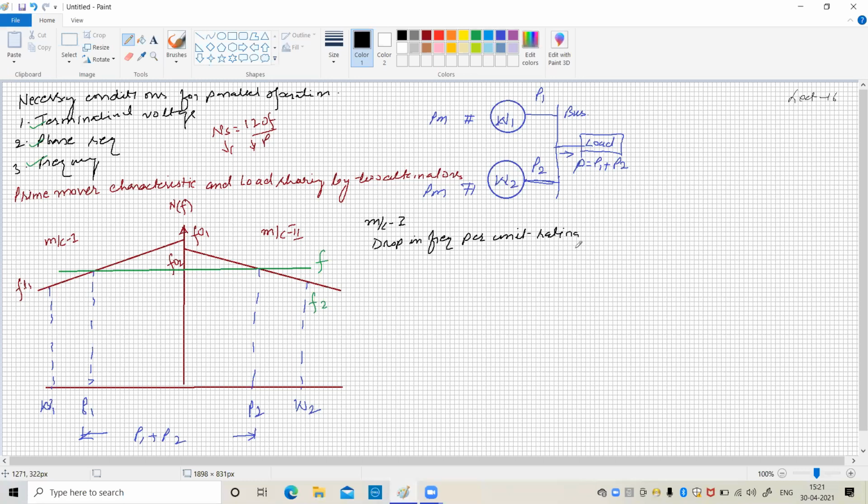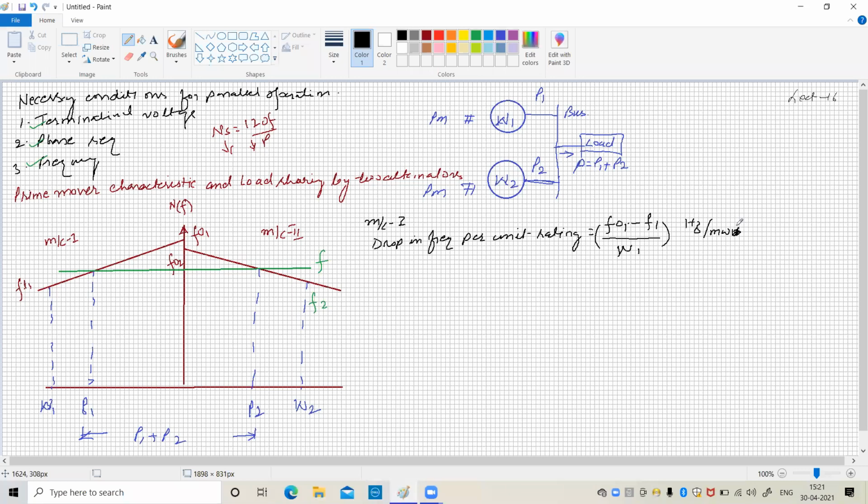The drop in frequency is from F01 to F1, so F01 minus F1, divided by the capacity of the alternator W1. This is the drop in frequency per unit rating, in hertz per megawatt.